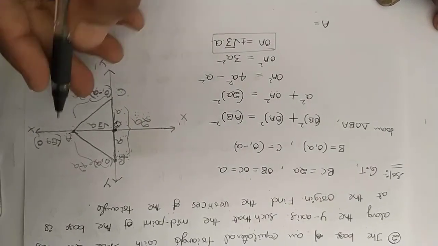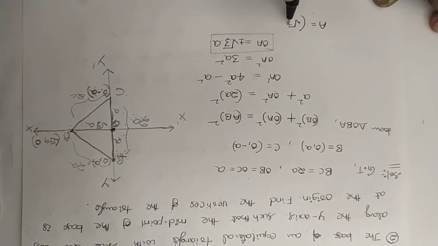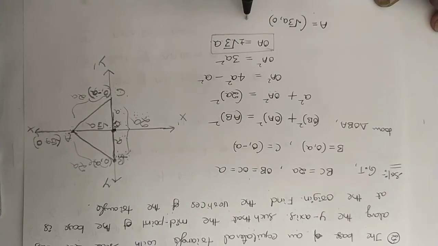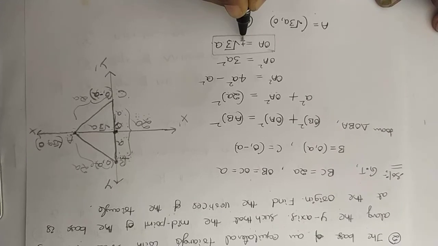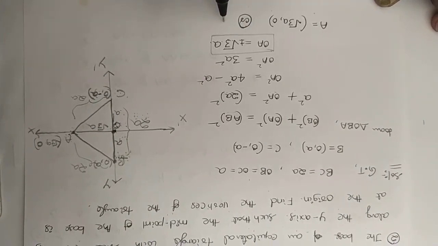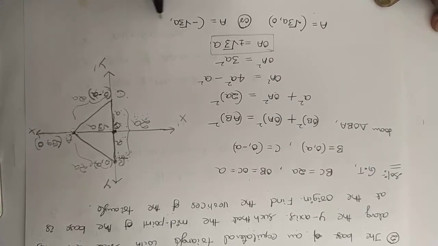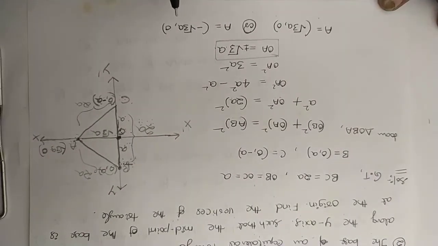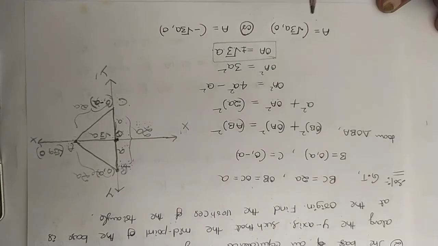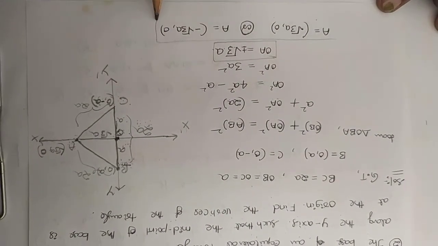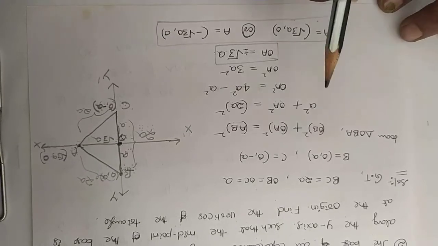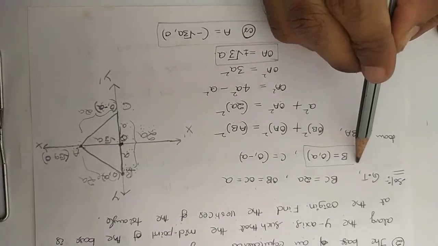Therefore, the vertex A is (root 3 a, 0), or one more, A equals (minus root 3 a, 0). So these are the required vertices of the triangle.